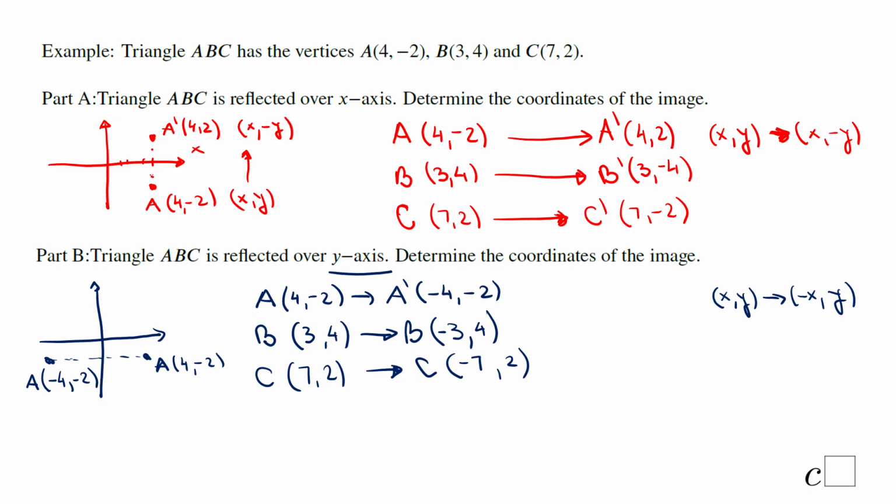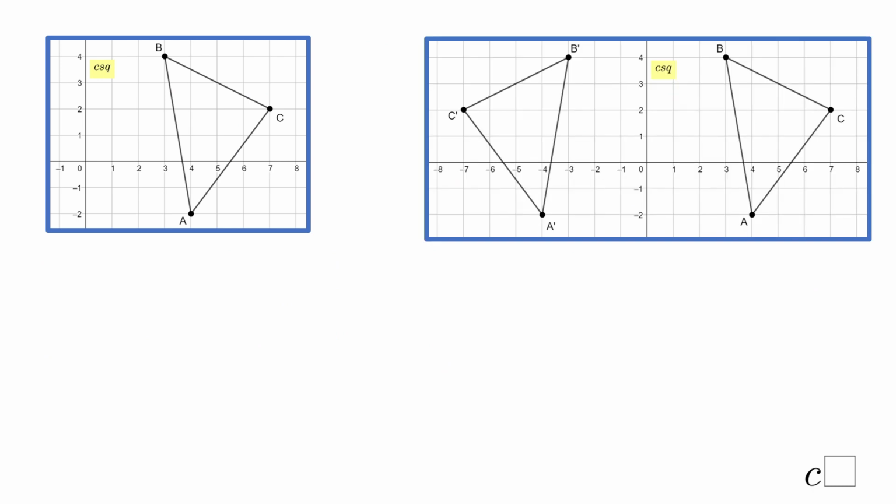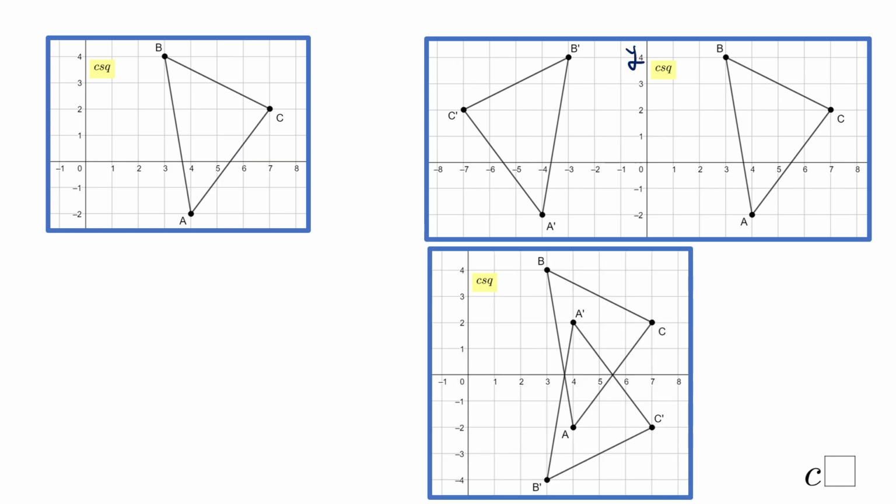You see the algebra behind and you see the graphical portion. This is the triangle we start from. This is when we reflect it over the y-axis, the last part, and this is the first part when we reflect it over the x-axis. Be familiar with these graphical things also. You never know when you have to identify a transformation, and there you go, you can see them in this example. So this one is a reflection over the x-axis.